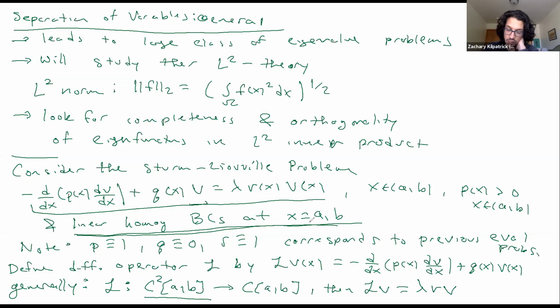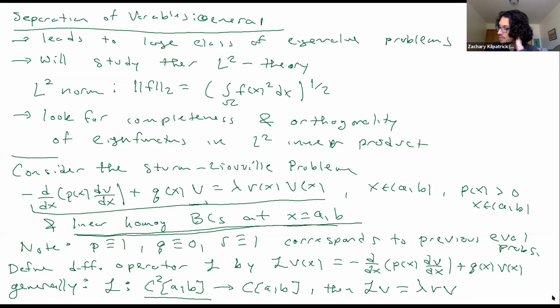So if we restrict the domain of L to just be C2 functions with the boundary conditions that we need, then we're living in the space of potential functions that should at least get us in the direction of getting eigenfunction solutions to this problem here.